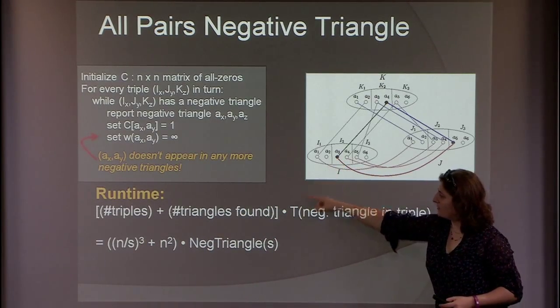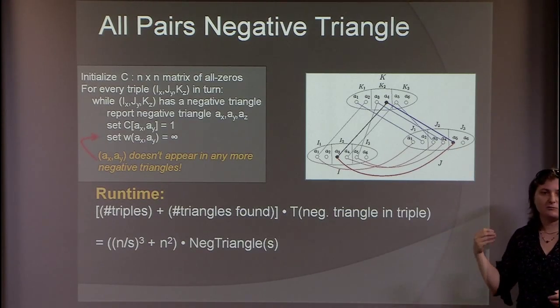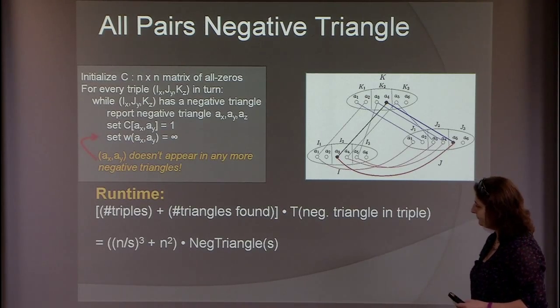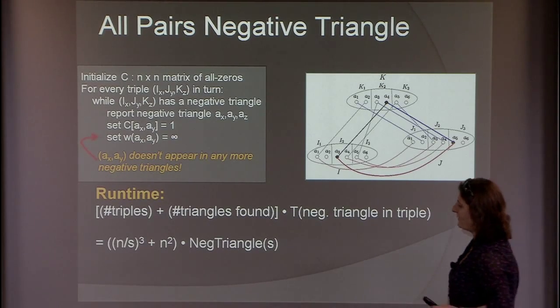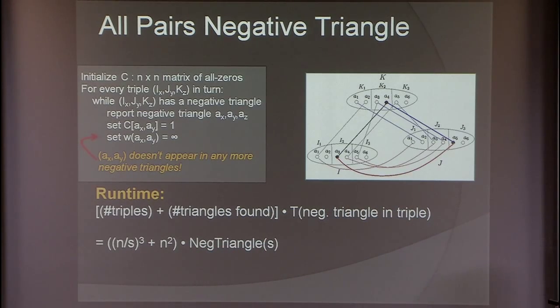And the number of triangles we found, we guaranteed that it's no more than n squared, because we guarantee that no edge will be checked more than once. And it only costs the time to do a negative triangle call on graphs of size s instead of n.